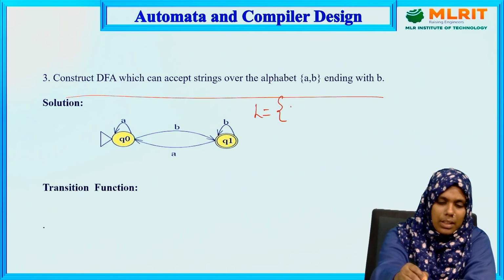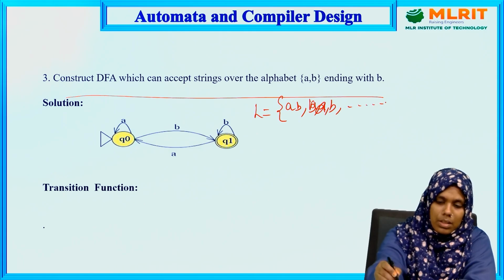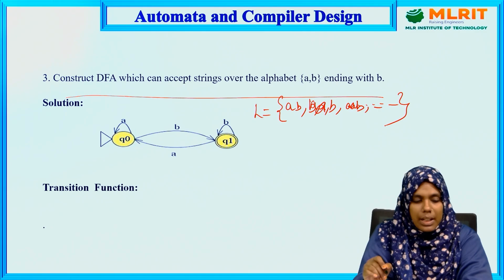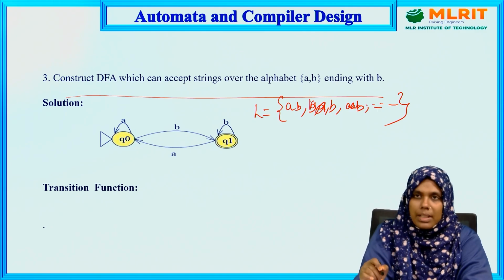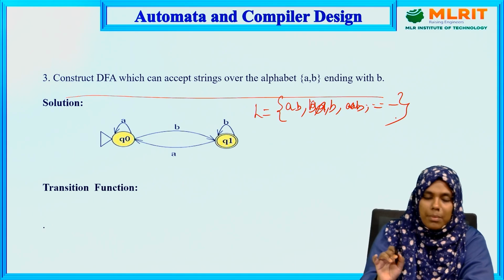That means the string can start with A, it can start with B, and so on, but ending every time it should be B only.